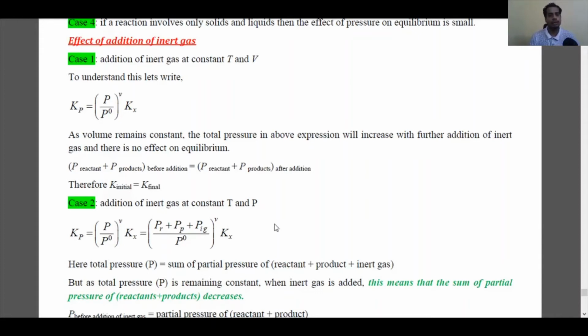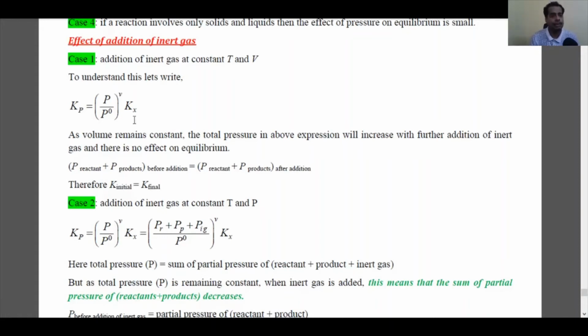So what will happen? To understand that, let's again write the expressions for Kp and Kx. We have studied the relation between Kp and Kx. What is Kp? Equilibrium constant in terms of partial pressure of the components, and what is Kx? Equilibrium constant in terms of mole fraction of the components of the system.